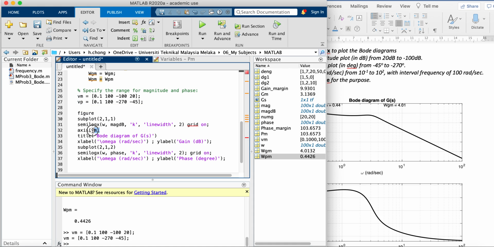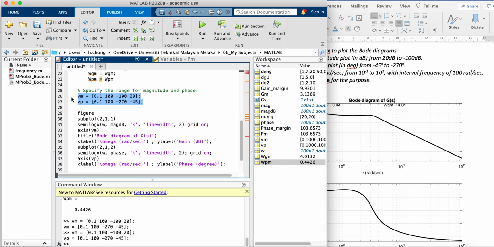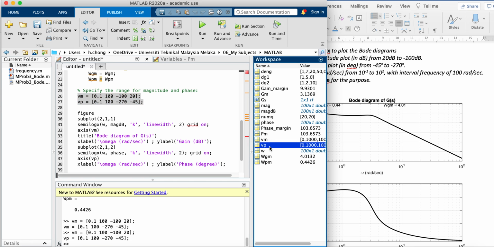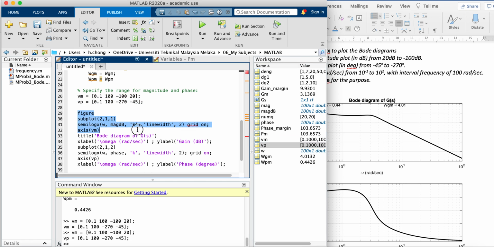I have not yet used the axis for the phase plot, so let's use VP. Let's run again. Now I have the VM and the VP values. Then let's run this one.